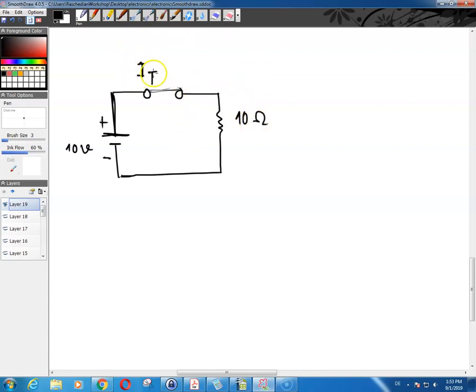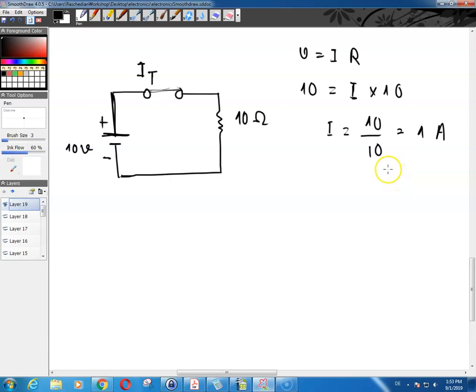Now, to calculate the current, you can use Ohm's law. V is equal to I times R. So your V is equal to 10 volts, and your R is 10 ohms. So your I is equal to 10 divided by 10, which is equal to 1 amp.